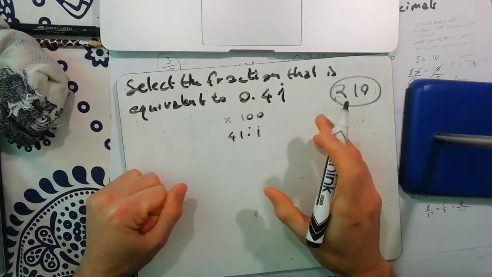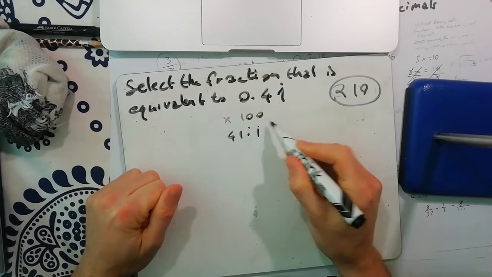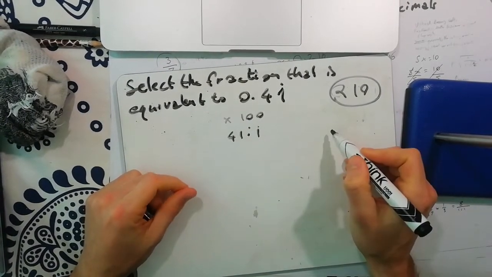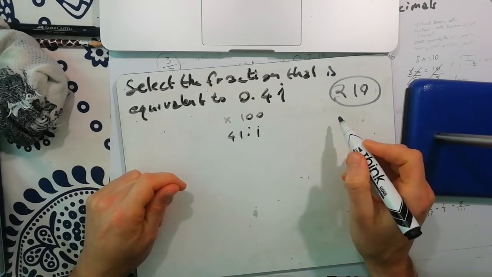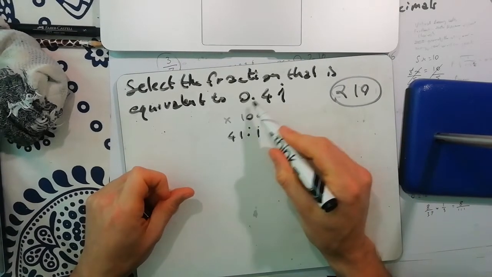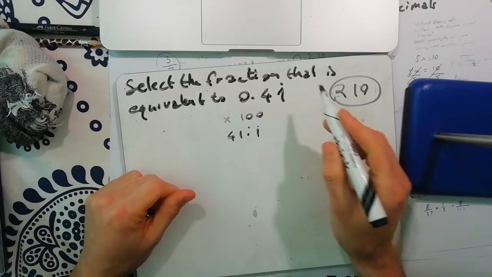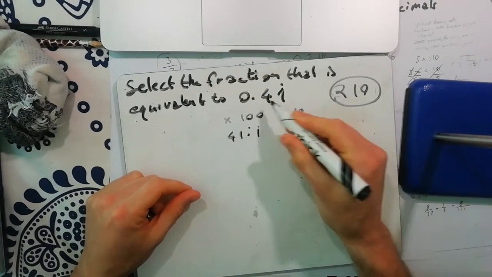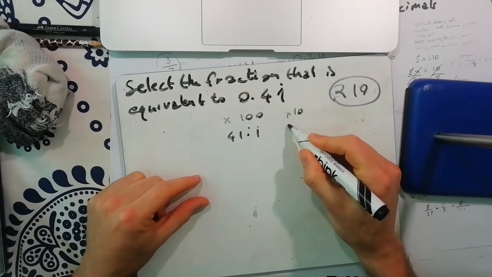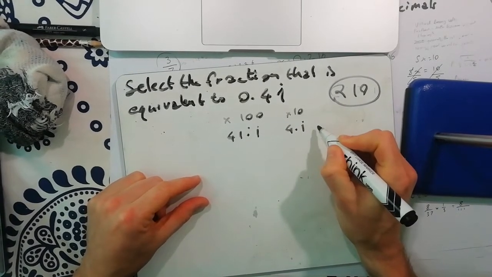Now, remember, what we want to do is get rid of that recurring 1. We want to get rid of all those 1s, okay? So what we can do is we can take this that was multiplied by 10. If you remember, we're going to times by 10 again, and we're going to get 4.1 recurring.